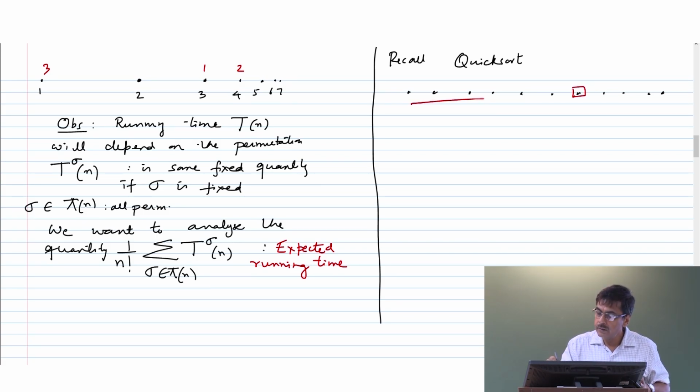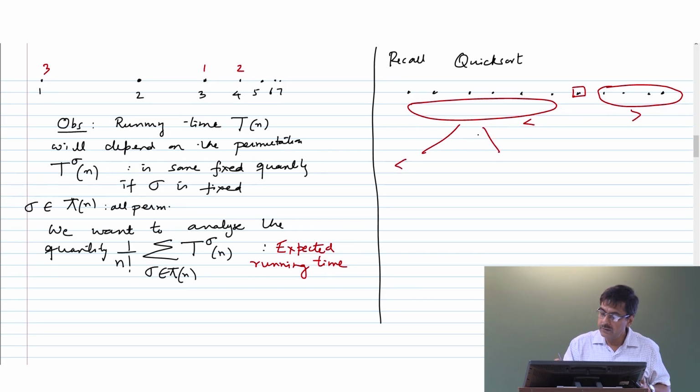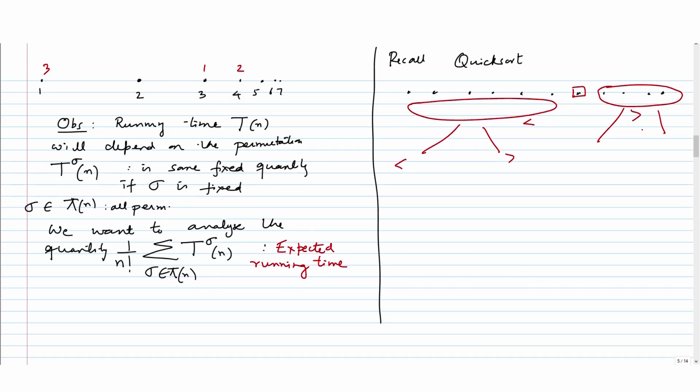This is all points, this is, let us say, the less than part, and this is the greater than part, and recursively again I split this set, and I keep going. I partition, I pick a pivot.